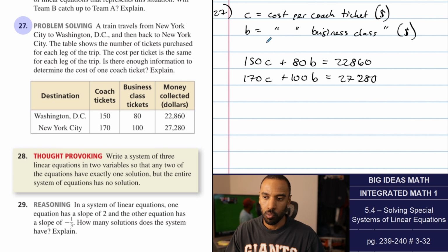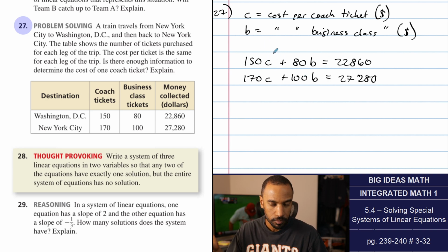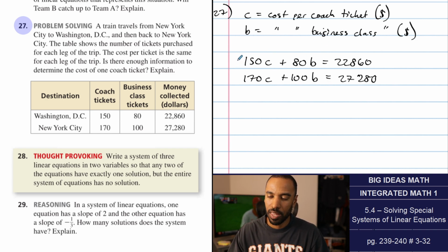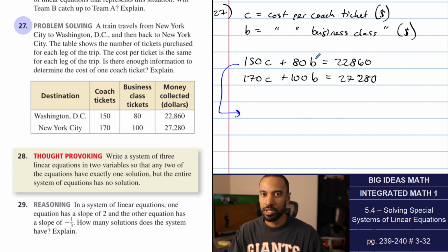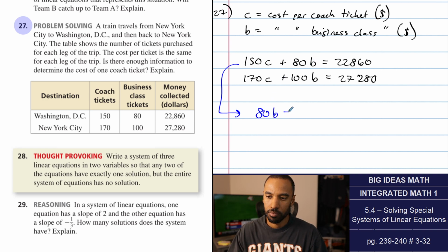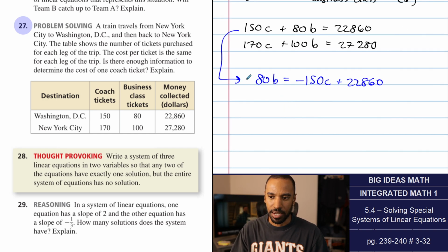If you want to determine the one solution case, you could try and do the elimination thing and actually do it. You want to solve it? I suppose we can. If you compared slopes and y-intercepts, though, I'm going to do the slope y-intercept thing. I do know there's C and B here, but let's pretend like B was like your y, where we'd subtract 150C, and then we would divide everything by 80.